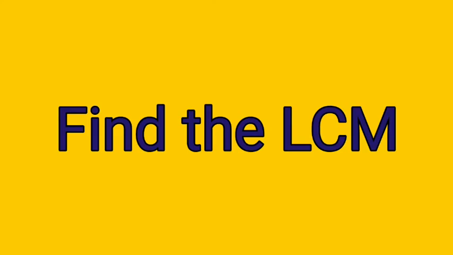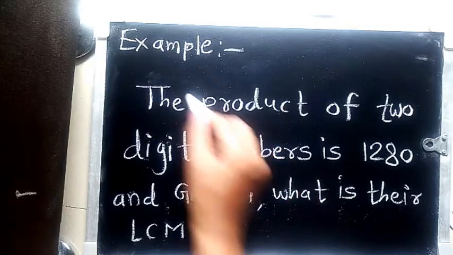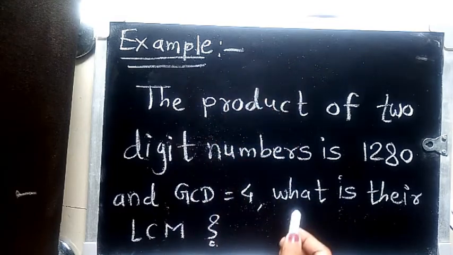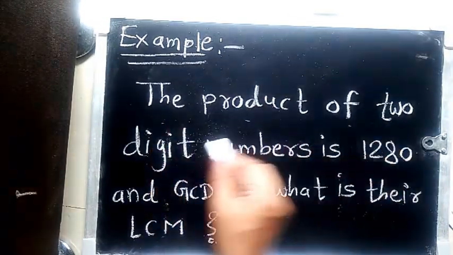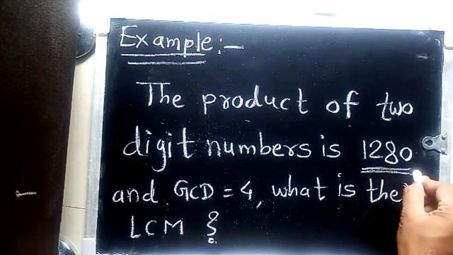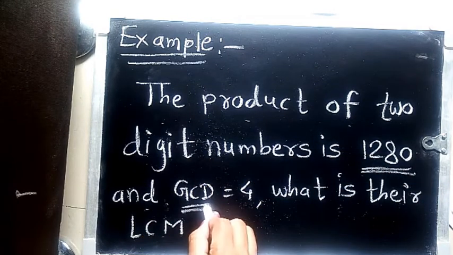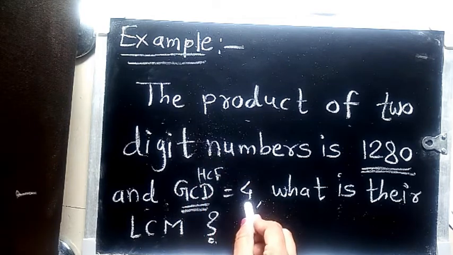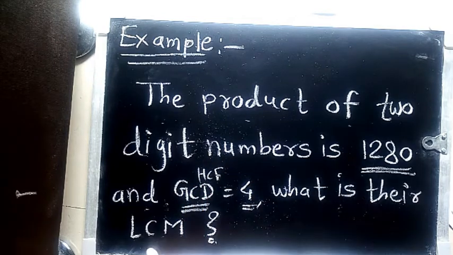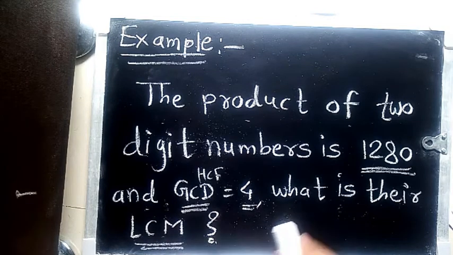Next example is find the LCM. Using this formula, we find the LCM. Example: the product of two numbers is 1280 and the GCD, that means HCF, is equal to 4. What is their LCM?